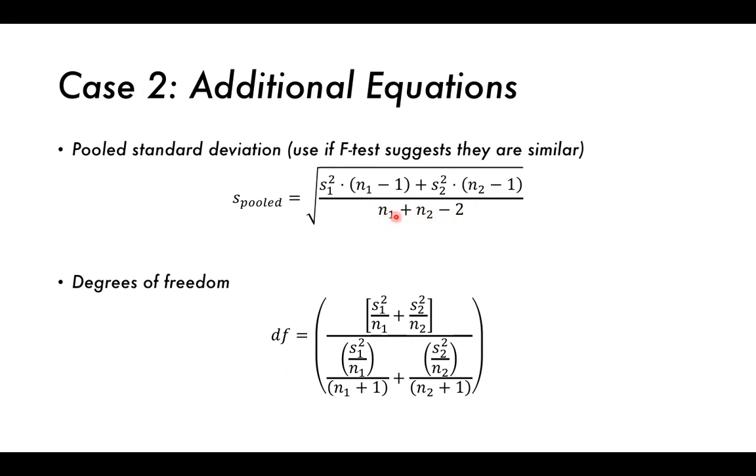So that's going to be N1 minus 1 plus N2 minus 1. And then if we work that out, we get N1 plus N2 minus 2. And then this is the degrees of freedom, which will be utilized if we have significant differences in our data sets in cases 2 and 3.